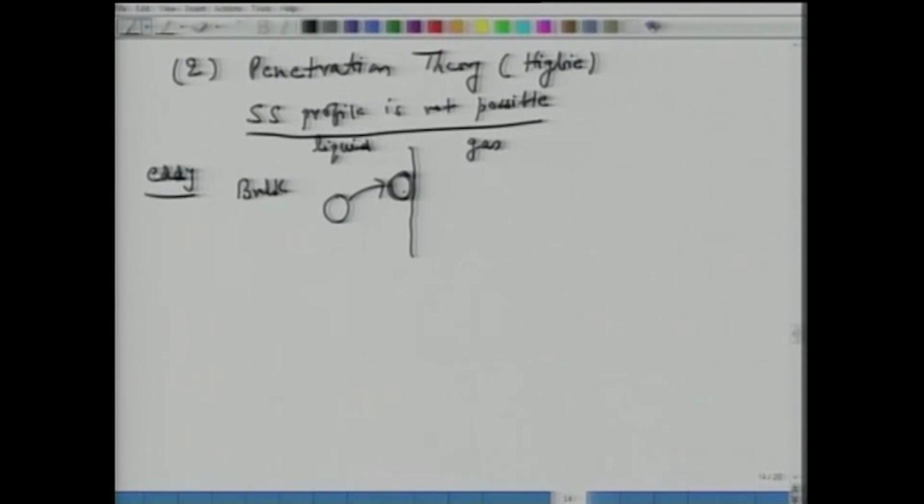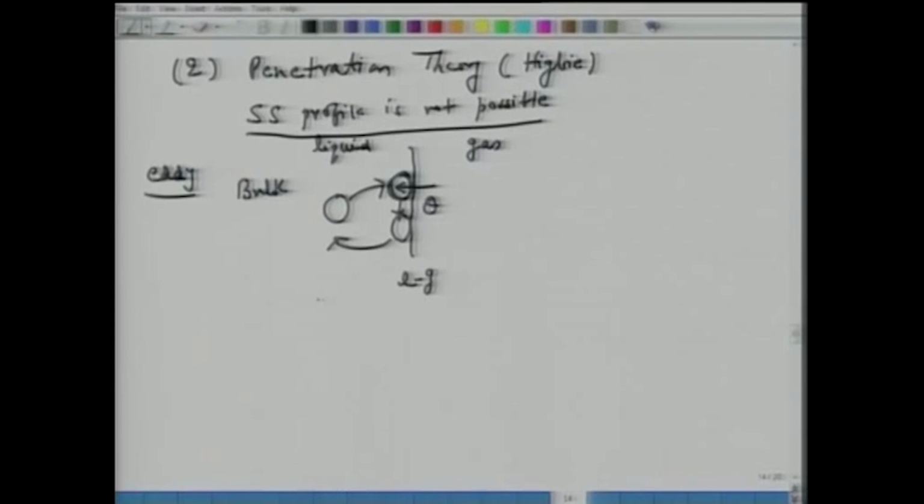This eddy stays here for some time, during which the gas molecules diffuse within this liquid. So there is a certain contact time of these eddies at the surface. This is your liquid-gas surface, at which there is a contact time of theta when the eddy stays before it gets back to the bulk.